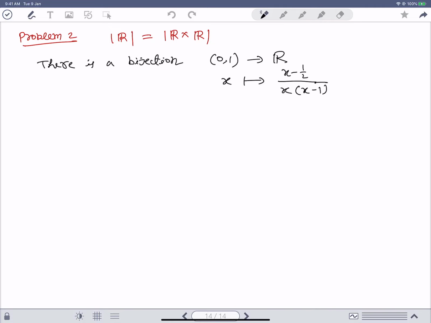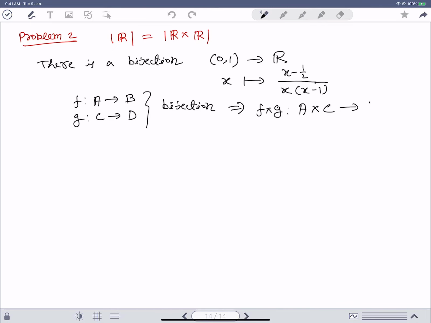Now suppose we have two bijections, say f from A to B and g from C to D. Then if we take the Cartesian product, the map from A cross C to B cross D will also be a bijection.